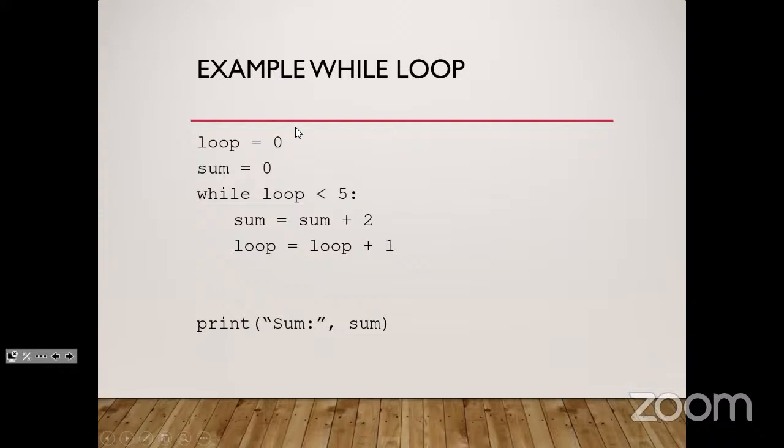When we're done with our loop, when it's finished running, see how print is not indented, then we're going to print out whatever's in sum. So in this case, because it starts at 0, how many times is this loop going to run? 4 times. 0 plus 2.